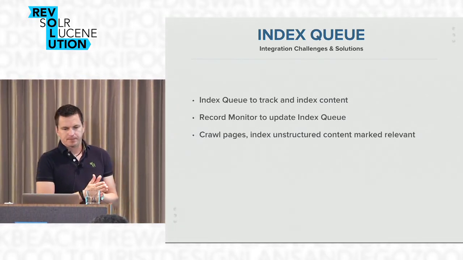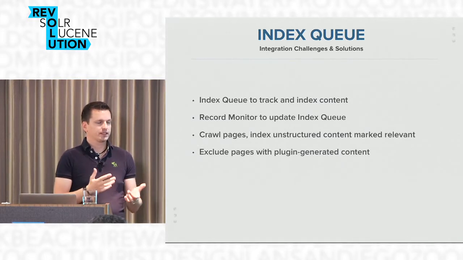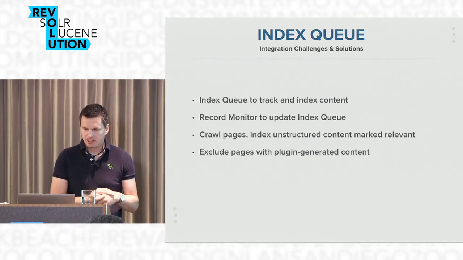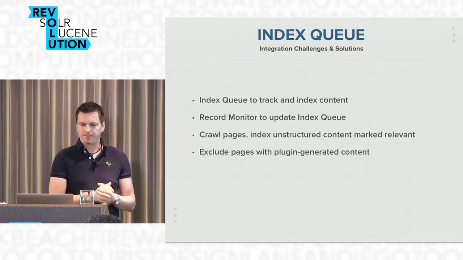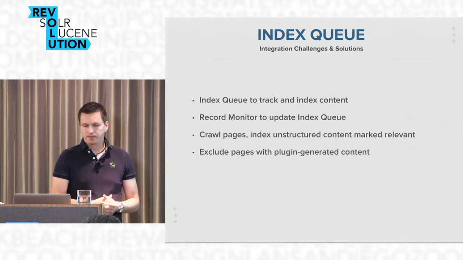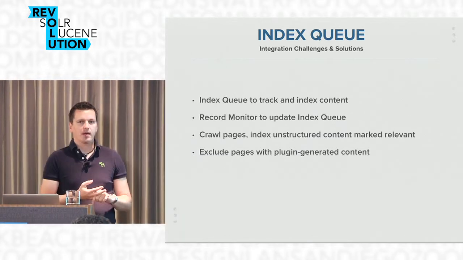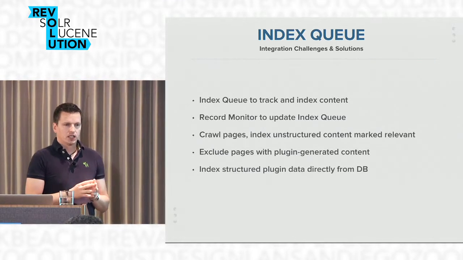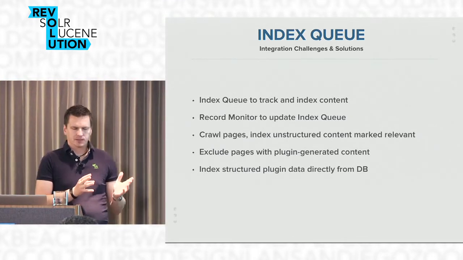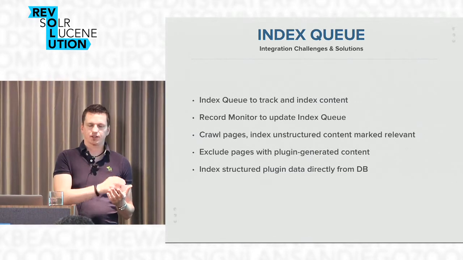And then I also said we don't know where content is going to show up if it's used by plugins like news. We simply exclude those pages from indexing, from crawling. And for those, we have a simple mapping where you configure on the left side the name of your field in the index document.